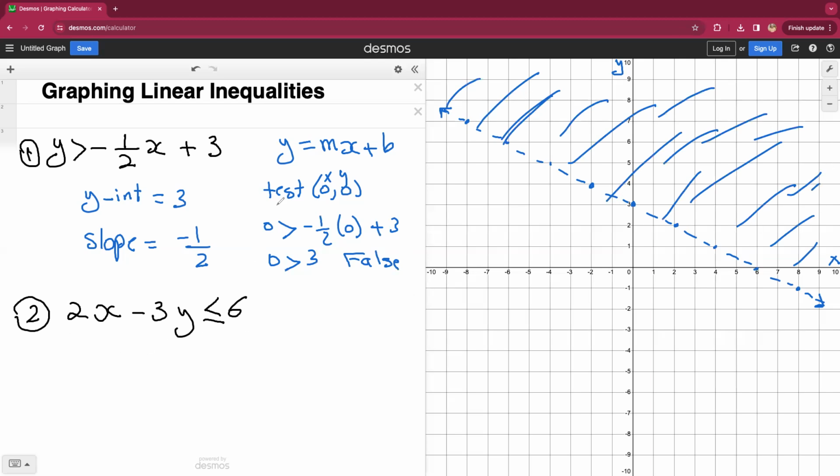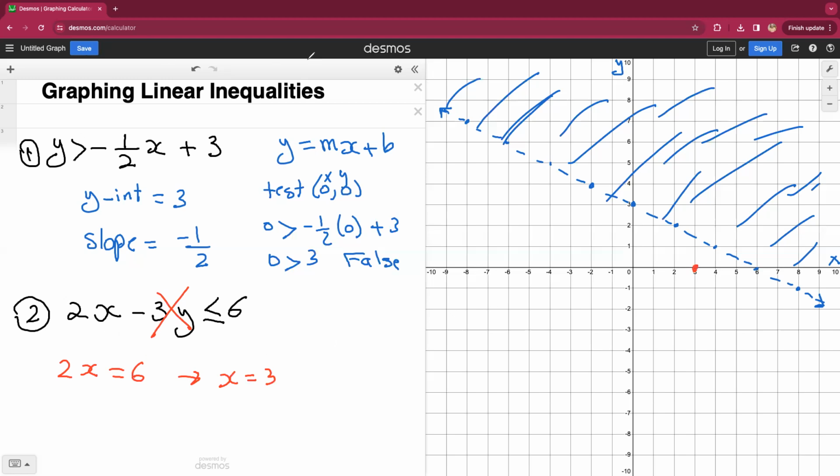Now let's go to this. This here, we're going to graph it by finding the x-intercept and the y-intercept. So for the x-intercept, all you need to do is just get rid of the y term and go 2x equals 6. Don't worry about the inequality sign. We're just trying to solve for the x-intercept. And therefore, x equals 3. So I go where x equals 3, and I put a point right there.